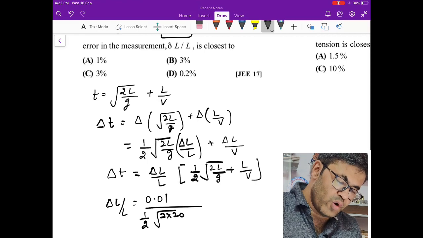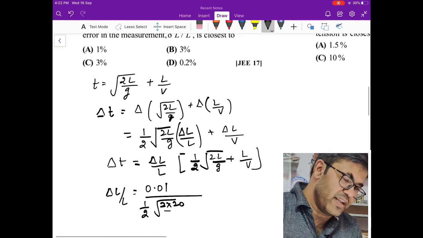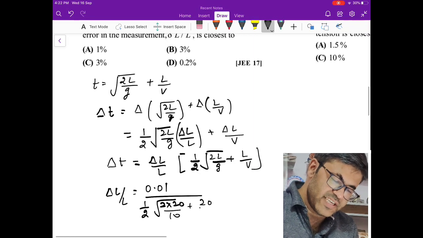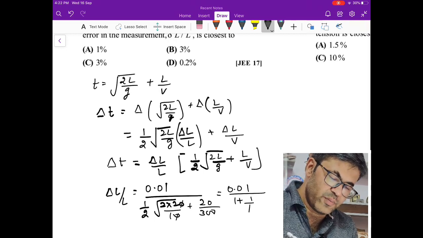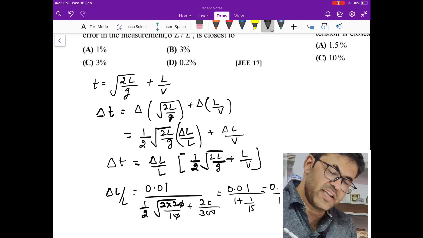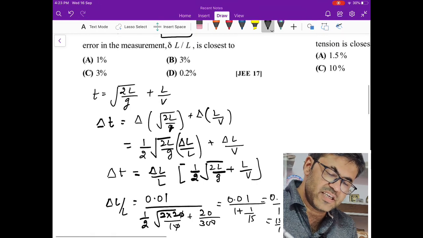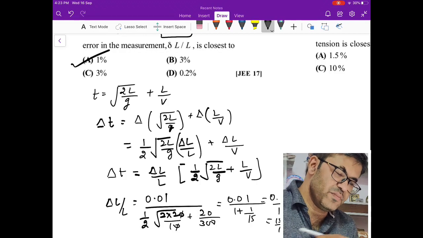L you have measured to be 20, g is 10, and the speed is given as 300. So the zeros cancel, the 2 cancels, and it would be 0.15 upon 16, and in percentage, multiplying by 100, it would be 15 by 16%. So 15 by 16% is closest to 1%, go for option 1.